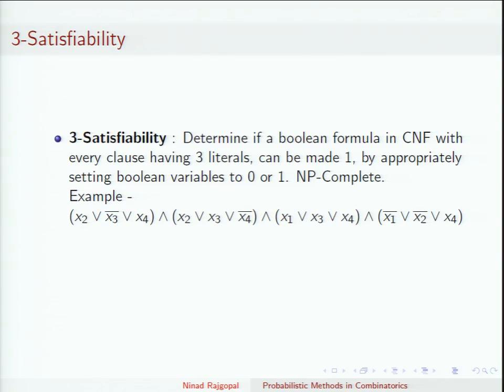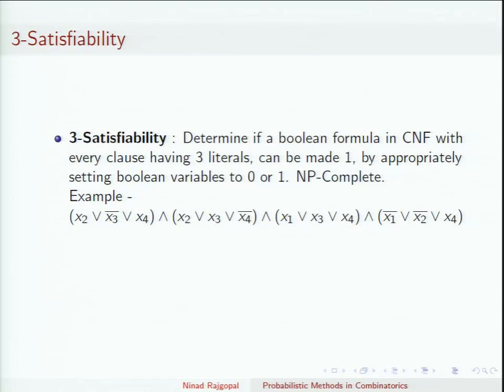So we look at a further constrained version of this, which is called the 3 satisfiability problem, where a Boolean formula is in conjunctive normal form if it is the AND of ORs. Right. You have ANDs here, and each clause has ORs, and the constraint here is that each clause has 3 literals.